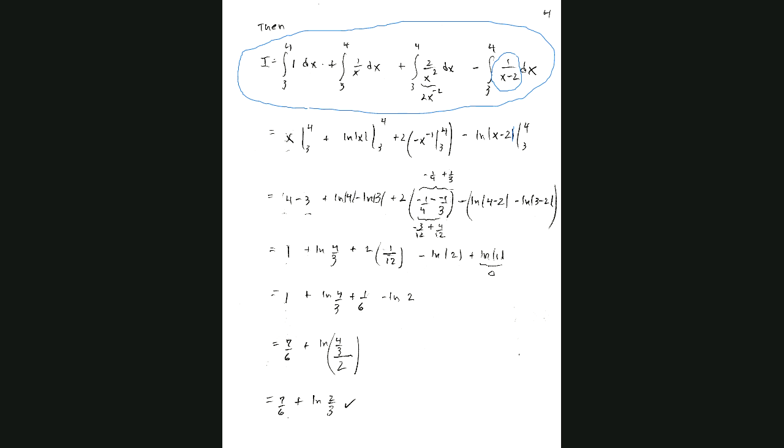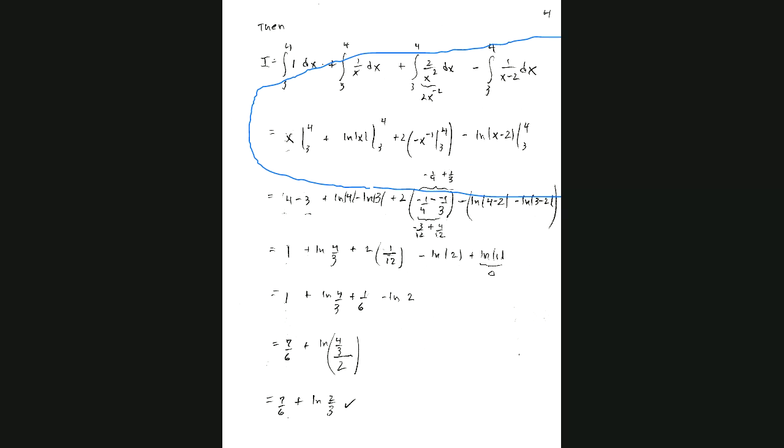But I happen to know that the log of the absolute value of x minus 2 is the antiderivative of 1 over x minus 2, because if I differentiate the log of absolute value of x minus 2, I'm going to get 1 over x minus 2 times the derivative of x minus 2, which is 1. All right, so go ahead and copy that down.